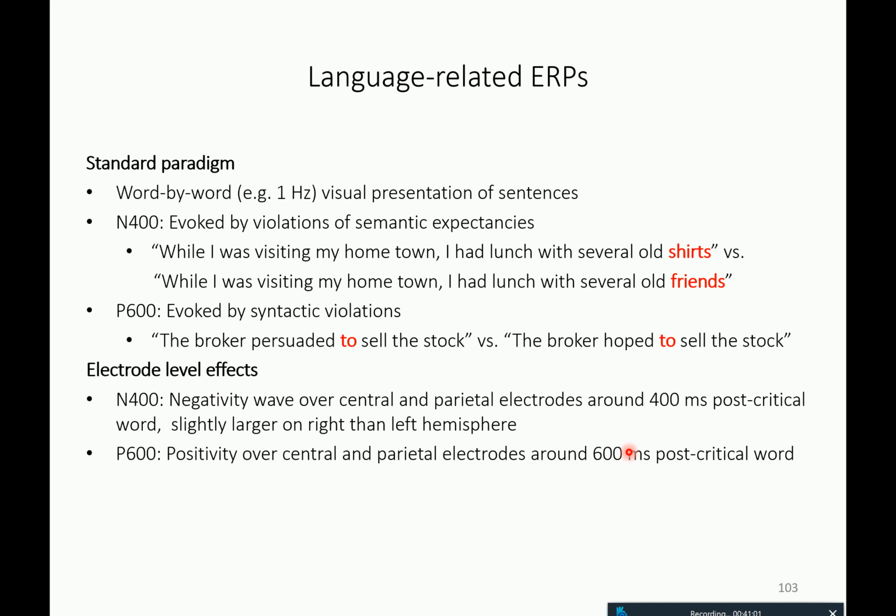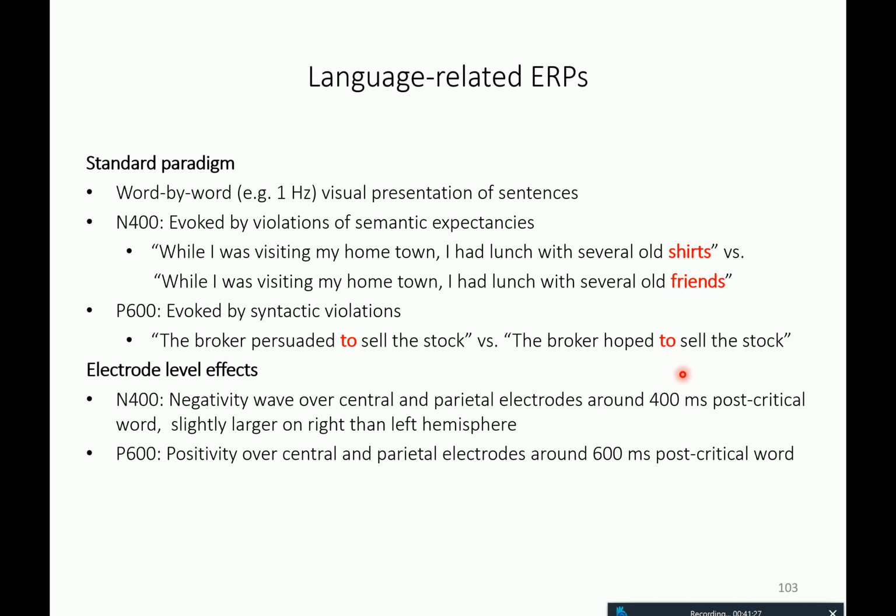The N400 is a negativity wave over central and parietal electrodes, obviously 400 milliseconds post critical word, and it's slightly larger on the right than the left hemisphere. And I think the story goes that although language is more associated with the left hemisphere, this activity of the left hemisphere projects stronger to the right hemisphere, and hence it's stronger on the right hemisphere.